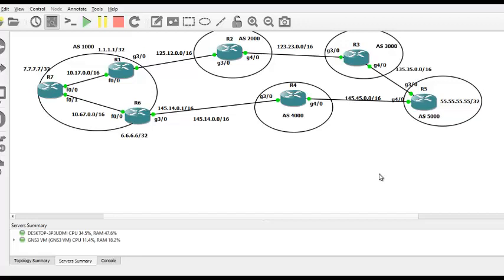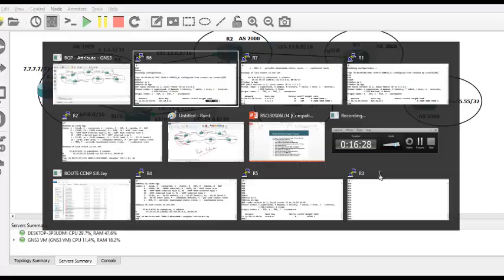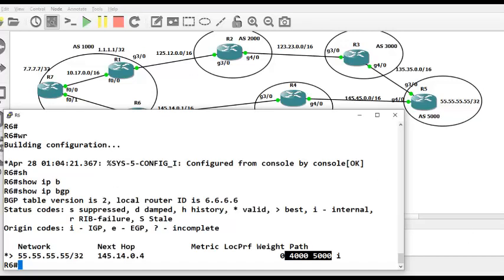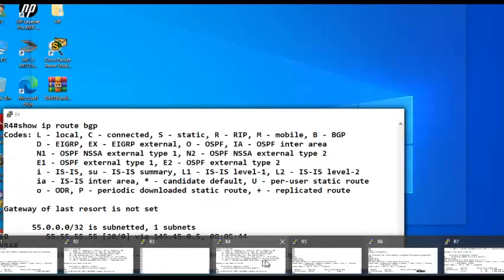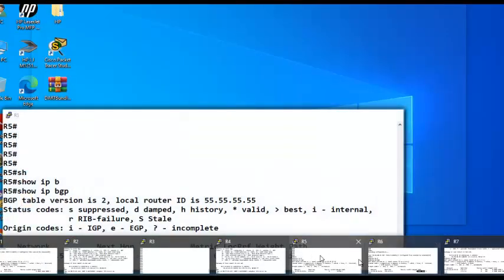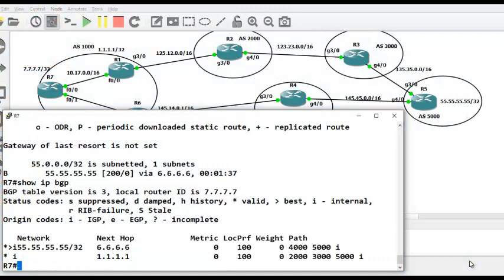Let's make R7 give. How? Go to R7 and make any one a client. Either make R1 a client, R6 will automatically become a client, or make R6 a client, R1 will become a client automatically.